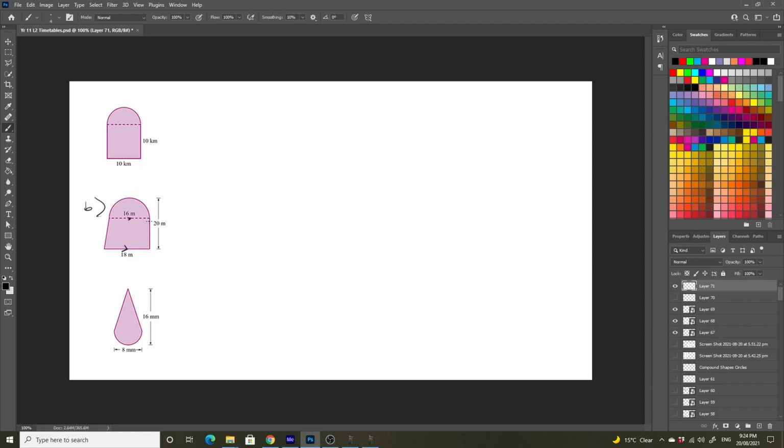So if we have this shape, we know that the formula for a trapezium is equal to a plus b over 2 times h, where h is the perpendicular height. And a and b are both of the sides that are parallel to one another. So in this case, 16 meters and 18 meters.